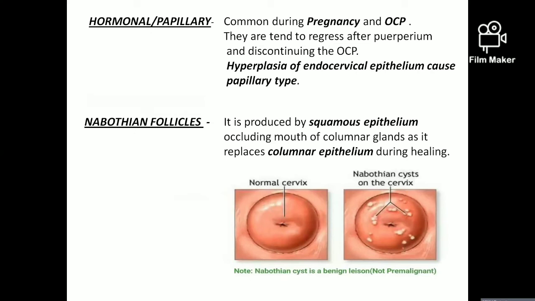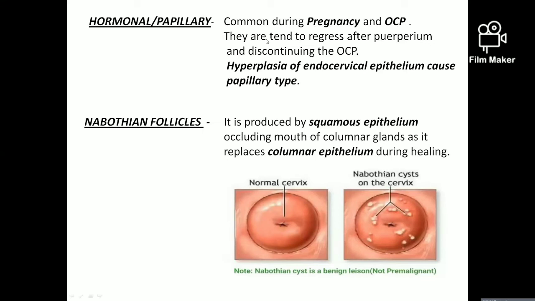Now we will see another type of chronic cervicitis, and Nabothian follicles. But before that, what exactly happens in the hormonal type? We also call it the papillary type. This is common during pregnancy and OC pills, when women are taking oral contraceptives.